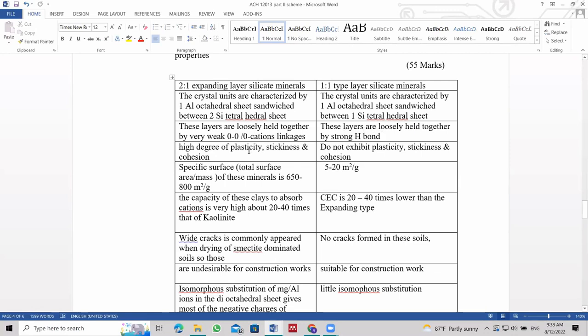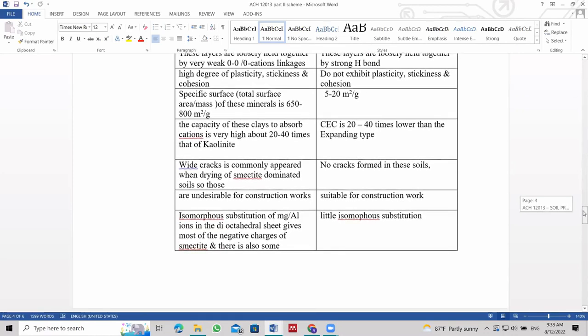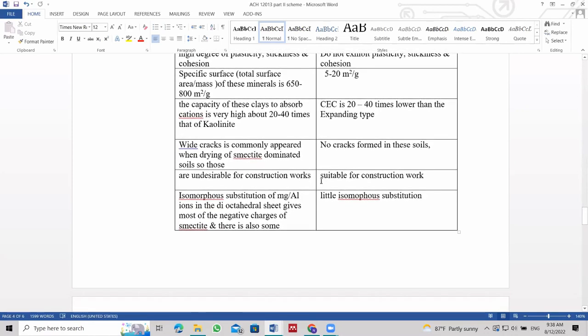Then property: high degree of plasticity and stickiness, while the other does not exhibit plasticity. Then surface area is high in 2:1, here surface area is less. And cation exchange capacity is high, and here cation exchange capacity is low. And wide cracks form in 2:1, whereas here no cracks are formed.